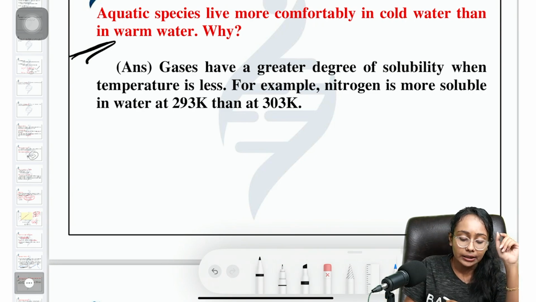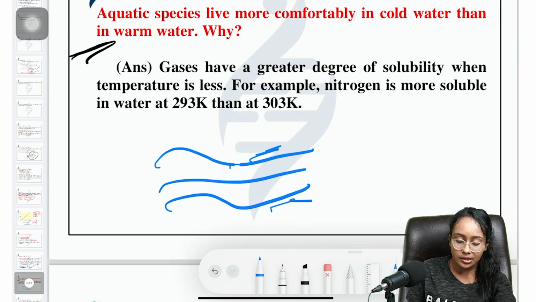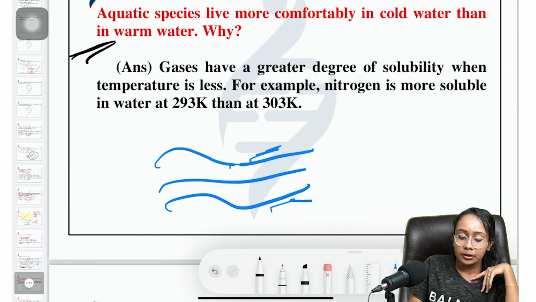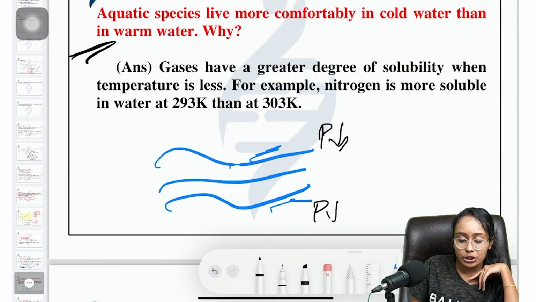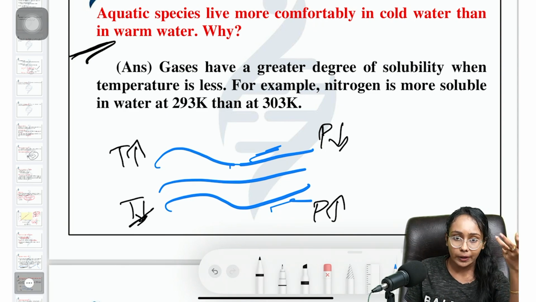I've already said, consider this as water. This is the upper surface, this is the lower surface. Here, pressure is very less. Here, pressure is very high. Here, temperature is very high, and in the lower surface, temperature is very less.